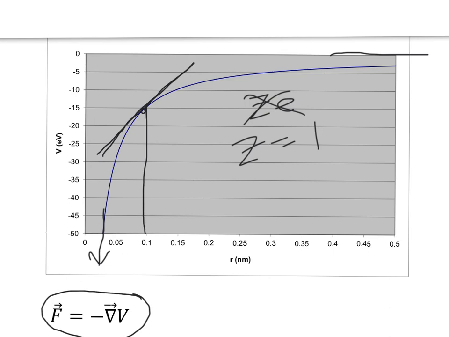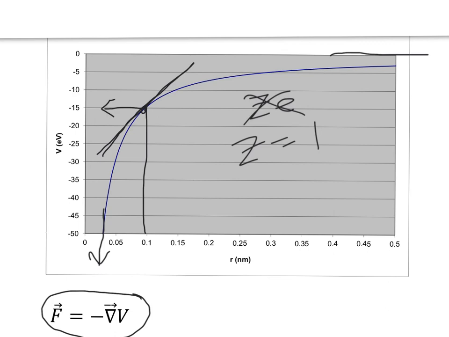It's the negative slope of the tangent to the potential energy curve, and is directed towards a smaller radius. So that represents the fact that the electron and the proton attract one another.